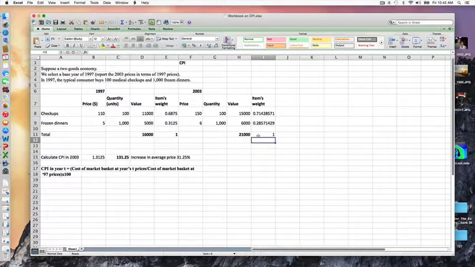Item weight is 1. So I think we covered all the grounds here on the CPI calculations, and you might have more complex applications with more than two items, but you can follow this example to do any number of items in a typical basket.